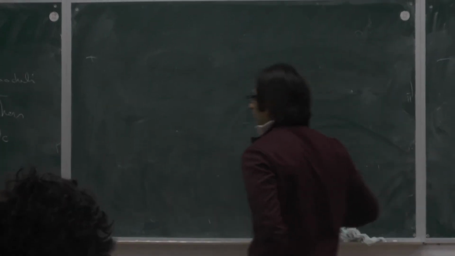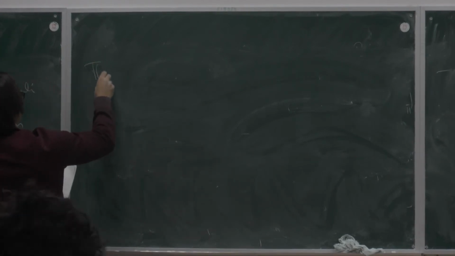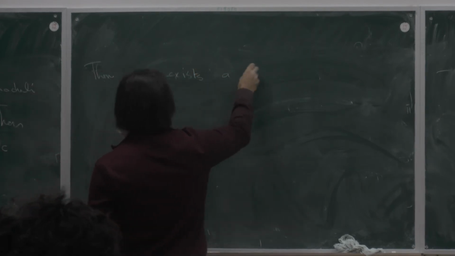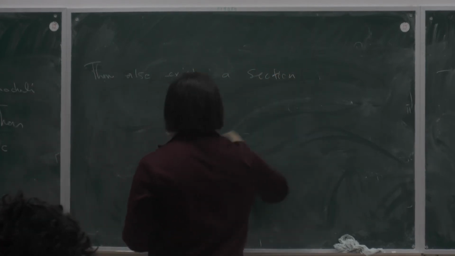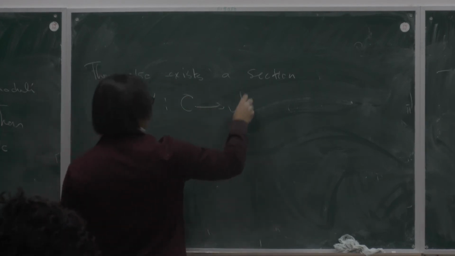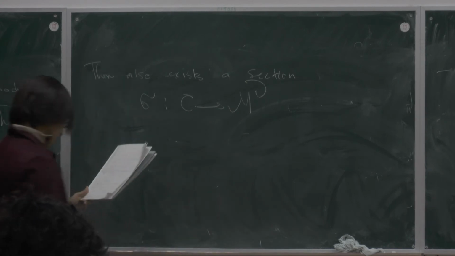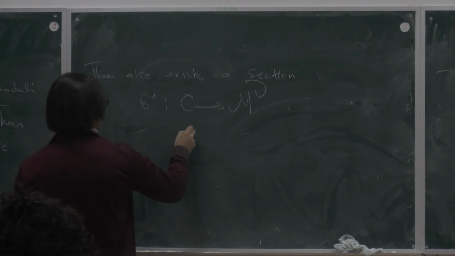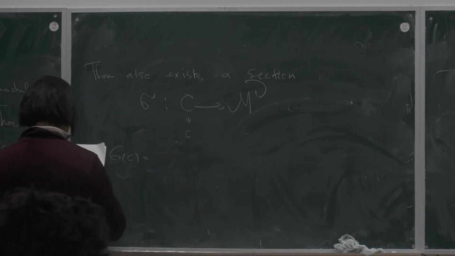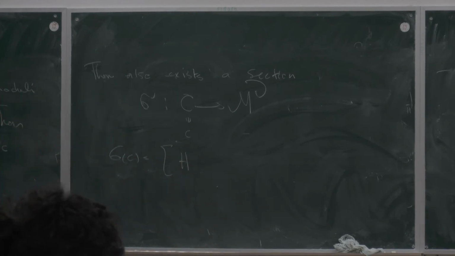So there also exists a section, let's call it sigma, from this to here, which takes, if I pick some point in the curve, sigma C is the Hodge structure determined by the fiber. Yes.